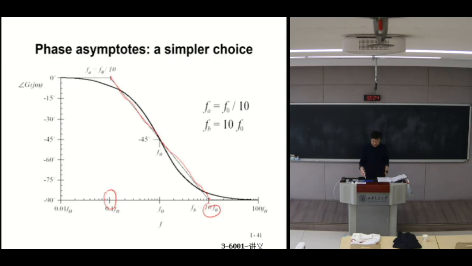A good thing is that the straight line will also pass through the F0 and minus 45 degree point.